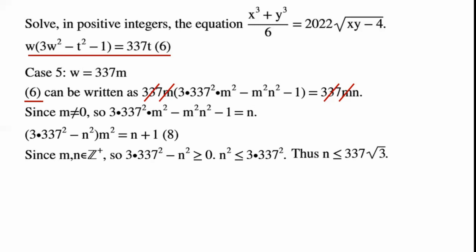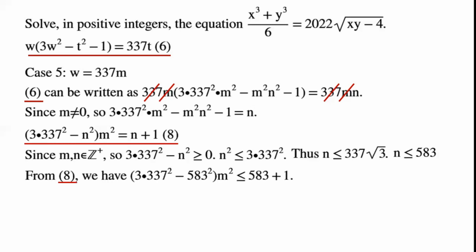Thus, n is less than or equal to 337 times root 3. n is less than or equal to 583.